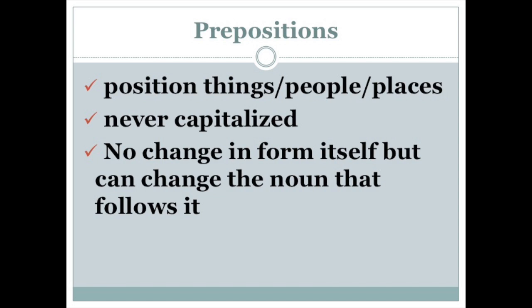They don't really change their form itself, but they can change the noun that follows them, so the article might change. And there are some contractions, as we have seen in am, an dem Meer. There are a couple other contractions, but they're not really changing the form of the preposition. Also, prepositions go hand in hand with case. So once you're a little more advanced, make sure that you really know the prepositions because they're super helpful.